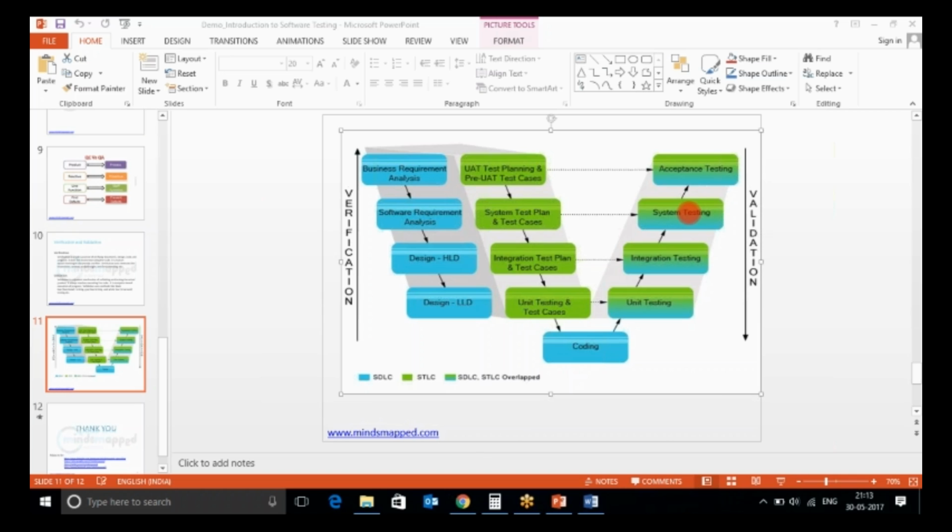This whole process is known as system testing. This is the biggest thing on the plate, that is system testing.